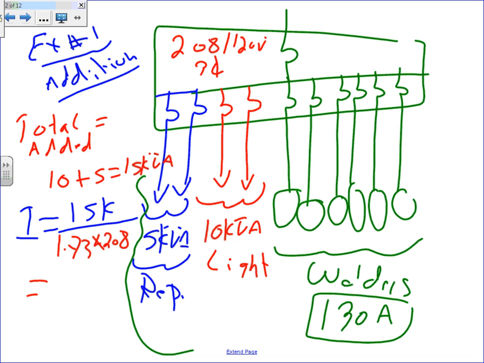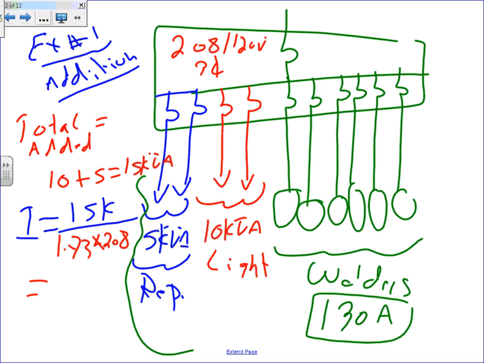Why did I divide it by 208? Even though the lights and the receptacles are single phase, they will be divided between the 3 phases. They will be seen as a 3-phase load, even though actually they are single phase line to neutral loads. But when you divide it between phase A, phase B, phase C, and neutral, they will be seen amp-wise as a 3-phase load. Chris, what's the answer?